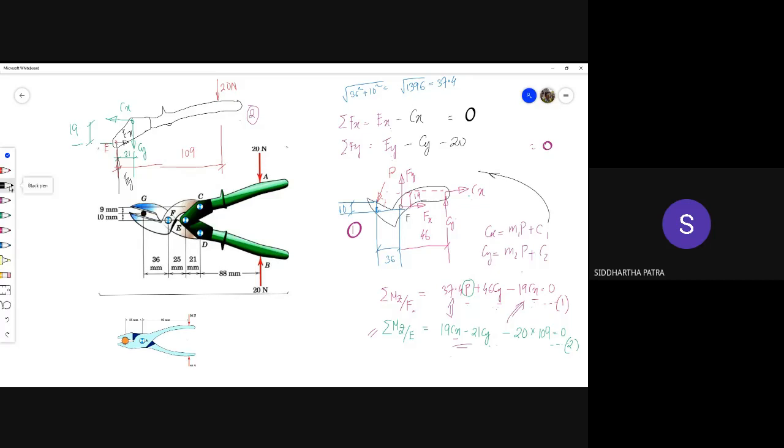Now let us draw the free body diagram of the component EDB.